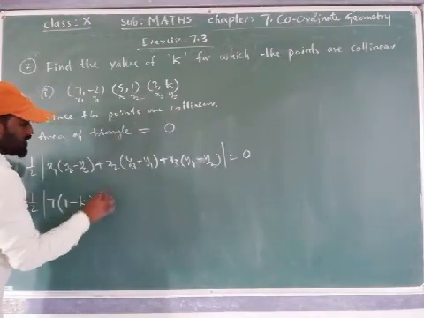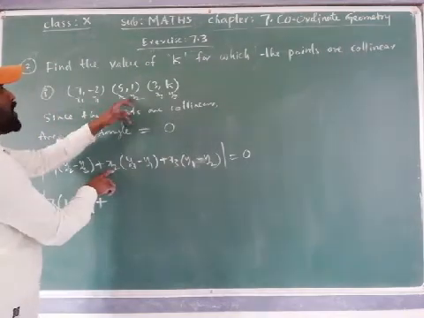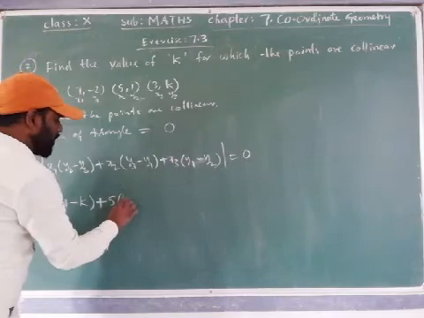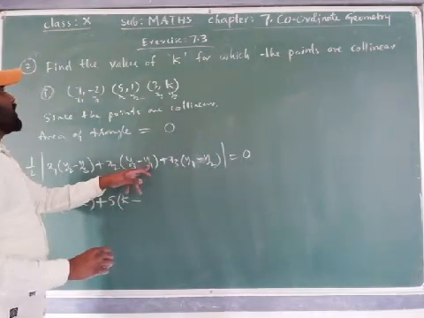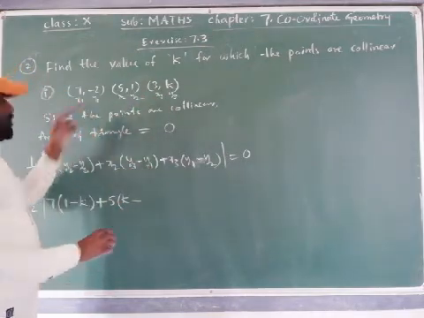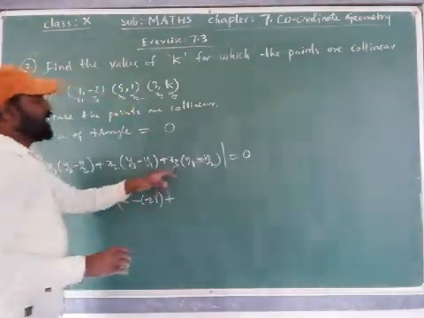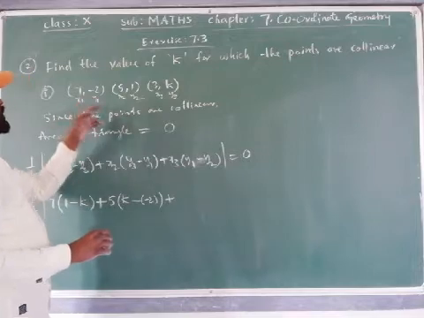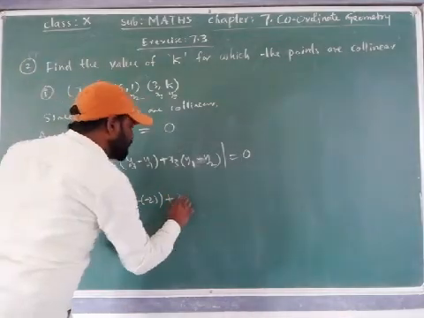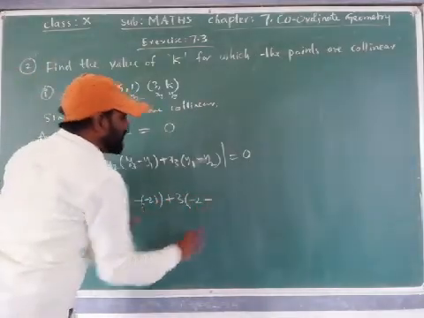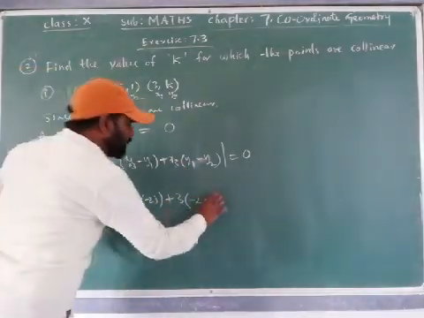Plus x2. x2 is what? 5. y3 is k minus y1. What is y1 here? Minus 2. So keep a bracket when you have minus. Plus x3. x3 is what? 3 into y1. What is y1? Minus 2 minus y2 is 1.